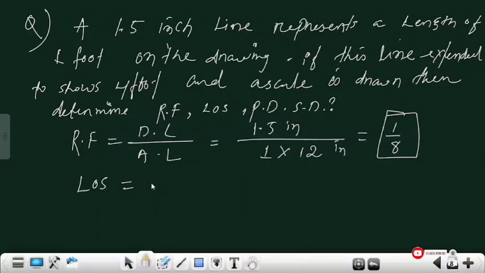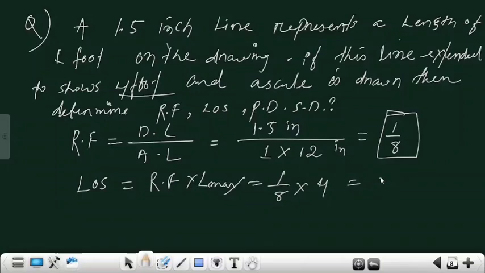And the length of scale is RF into L max, and this line is expanded to show the 4 feet. This is the L max. 1 by 8 into 4 feet is 1 by 2 feet. 1 by 2 into 12 inch, and 12 inch is equal to 25 mm into 6, which is equal to 150 mm.